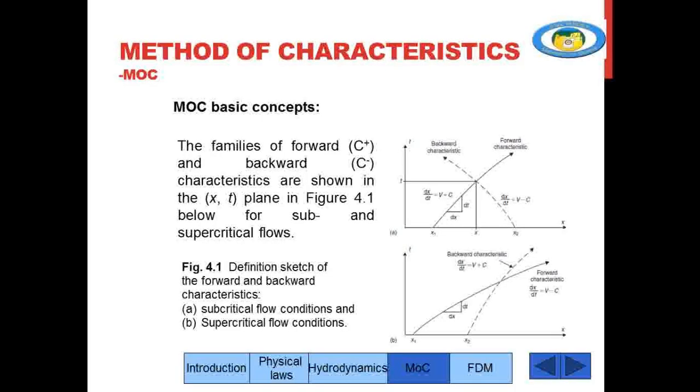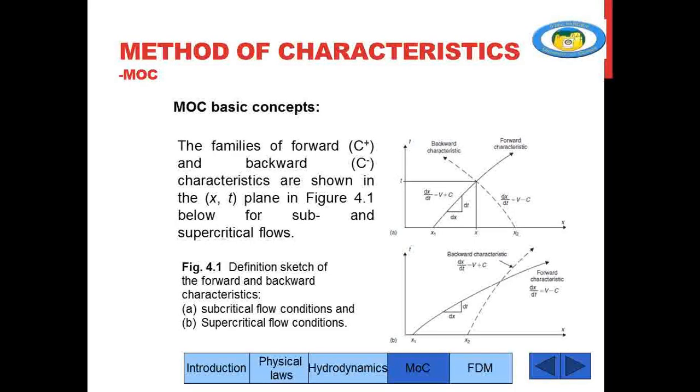So in terms of space and time, if we look at the flow properties along the forward characteristics, the slope is essentially 1 over v plus c, because t is in the y direction and x is in the x direction, so I'm just inverting that.